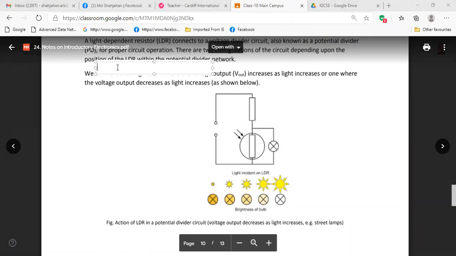Action of LDR in using potential divider circuit.